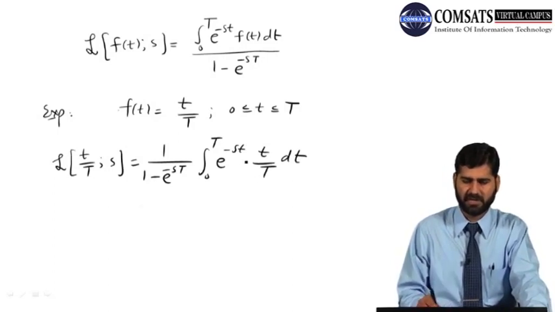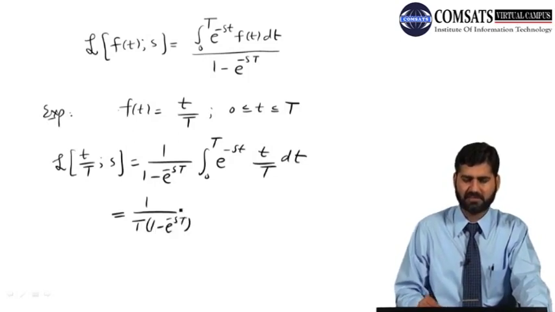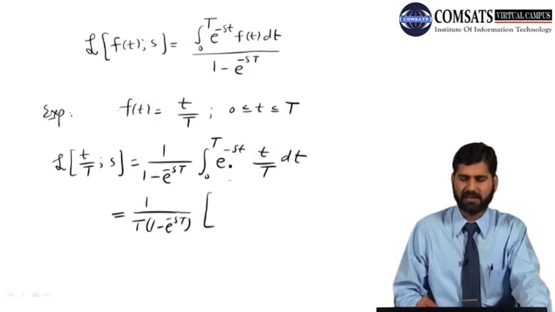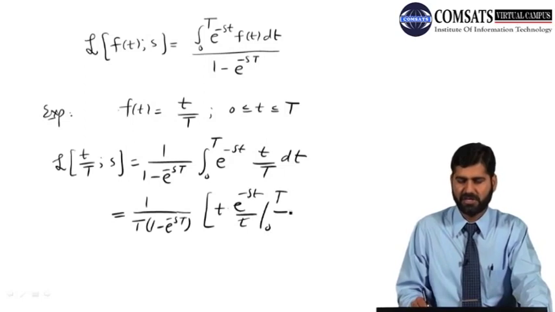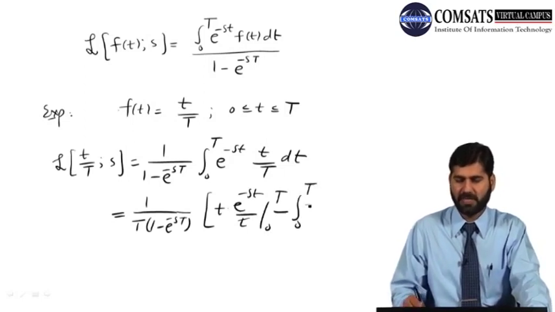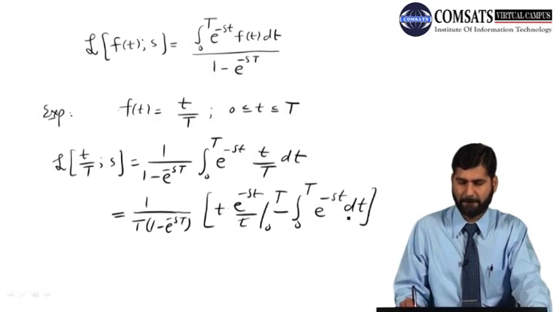This 1 over T comes out, and you can integrate by parts: t as it is, e to the minus st by minus s from 0 to T, minus the integral from 0 to T of the derivative of t, which is 1, times e to the minus st dt.